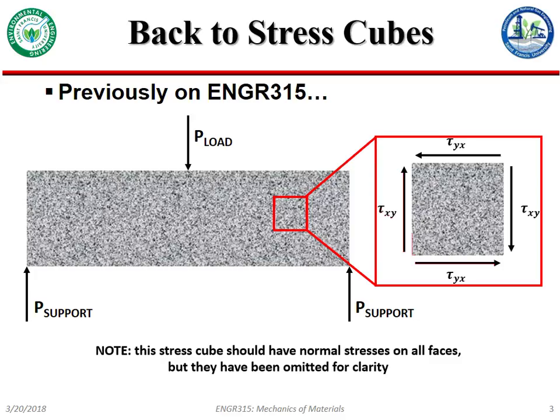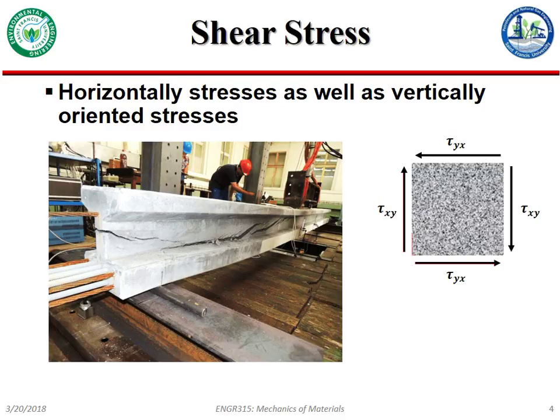So you need the other two. But that means we have not only stresses going up and down, we have stresses going left and right too. And that's where these crazy horizontal cracks come from.